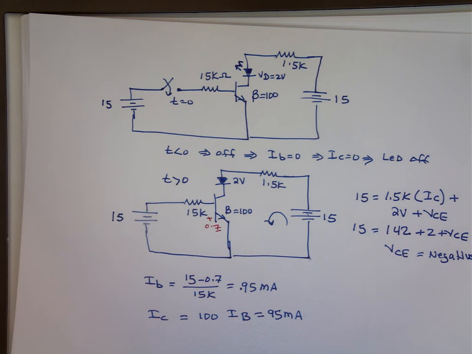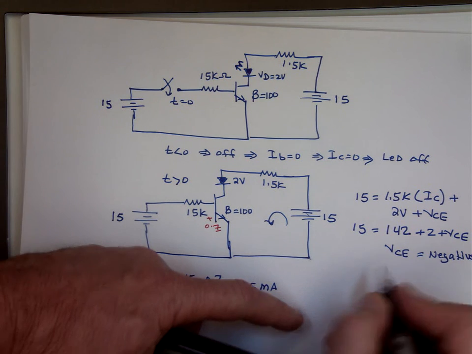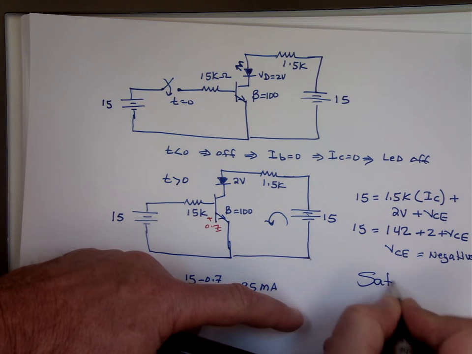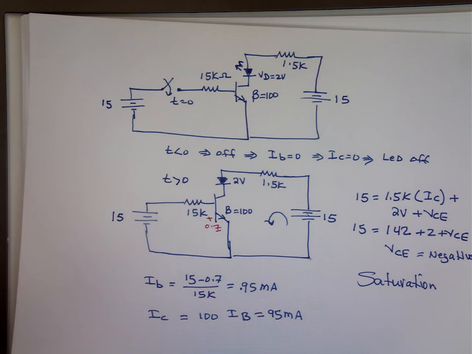That means what? That means we're in saturation. You can't use I sub C equals beta times I sub B. We are in saturation. So it really doesn't matter what beta is.